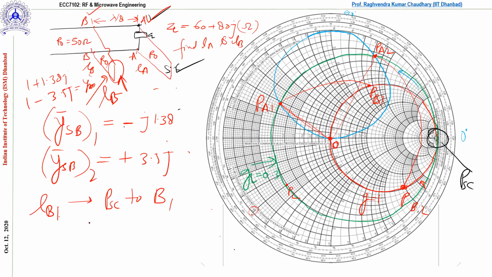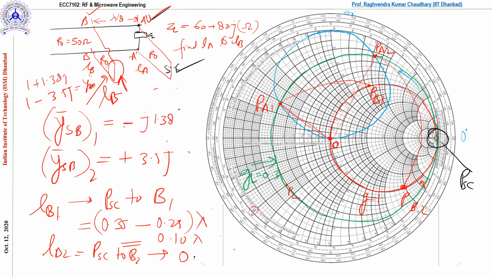If you solve these things, this will be 0.35 minus 0.25 lambda. This will be 0.10 lambda, and LB2 will be PSC to B2. Now, if you solve this, you will get 0.456 lambda. Fine.